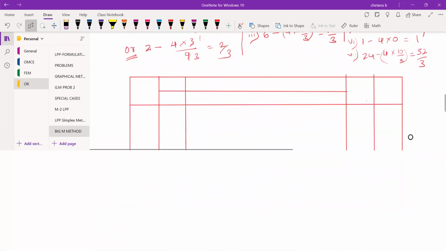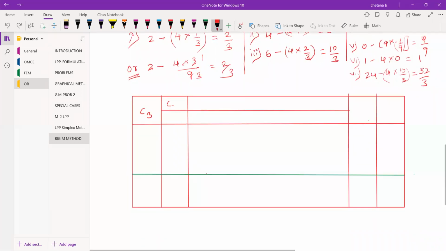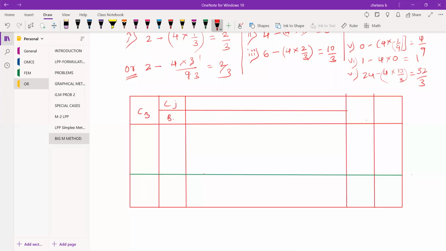Again, you need to prepare that table: CB, CJ, BV, X1, X2, X3, S1, S2, A1 and A2.